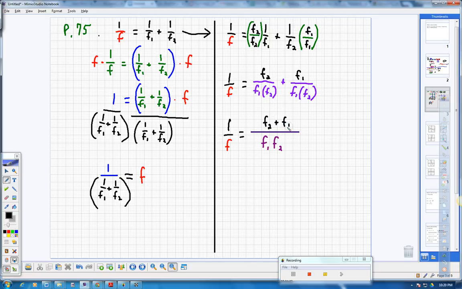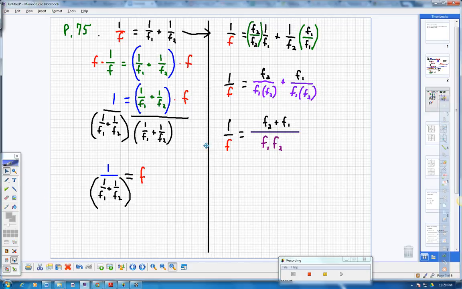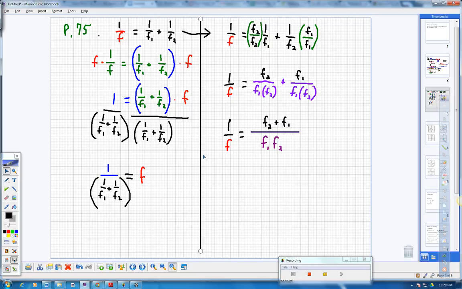Alright, now why did I want to get this common denominator? We're going to explore this more in chapter 8, believe it or not, when we get there. If you understand it now, wow, are you ahead of the game. But what we can use for now, that we do know, is cross multiplication.